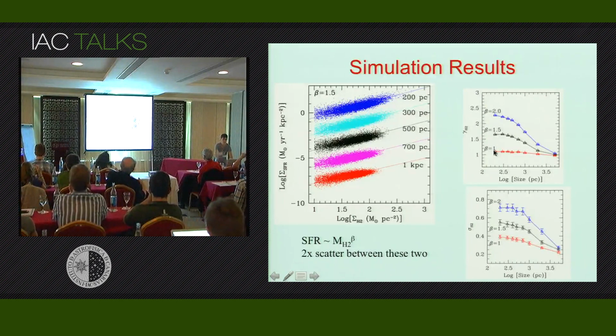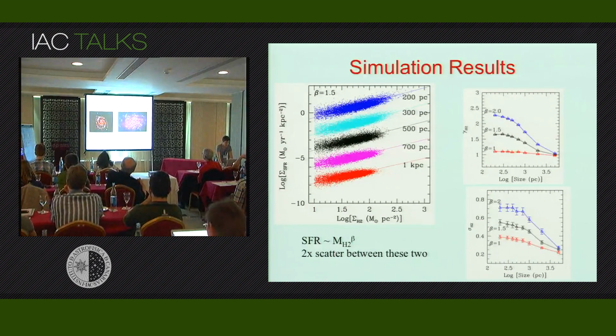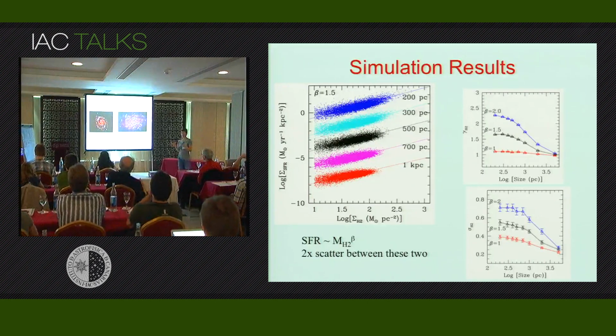If you start with beta equal 1.5, you measure 1.7, and you decrease. If you start with beta equal 1, you don't change things by a lot, because you're sliding your data points along a one-to-one correlation, so you're not making a lot of mess, okay? So what you get is that beta equal 1, the direct relation between the gas cloud and the star formation rate, remains a direct correlation, even in this case.